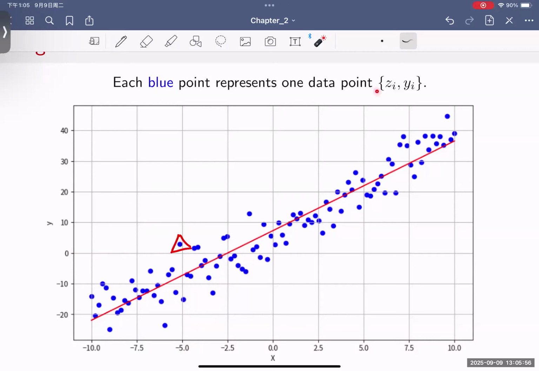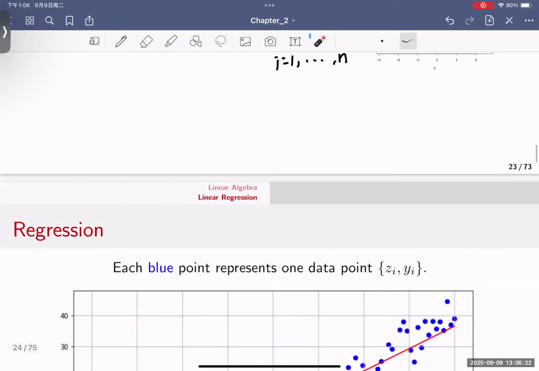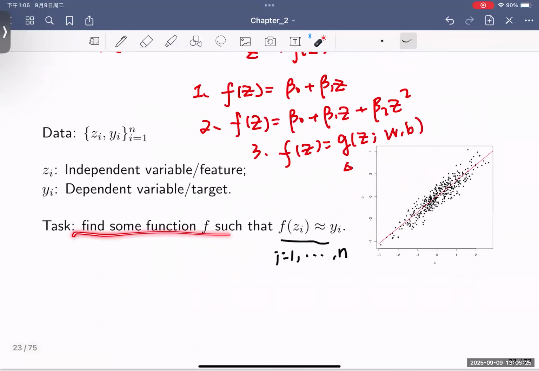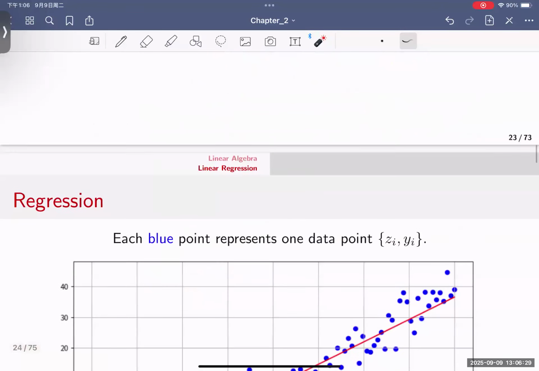Given z_i and y_i, we can plot every data point in this two-dimensional plane. All the blue points are all the data here. You can first ignore the red line here. Now, given this data, we can start from our original task: we want to find f such that f(z_i) is close to y_i.